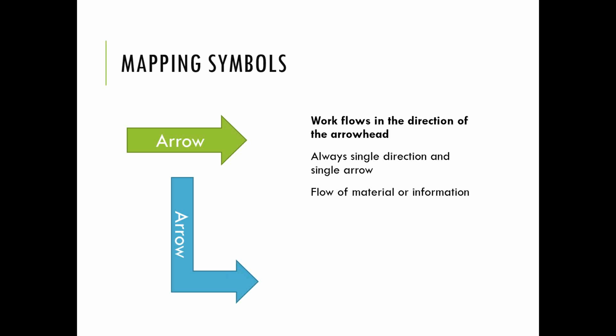Arrows should always go in one direction, and technically, a process should only have one arrow coming out of it, but a decision point can have two, and that can be the flow of material. So it could be, I'm cataloging this book and then I send it to my marking area, or it could be information like I've cataloged this database and I'm letting a collection manager know that it's become available.